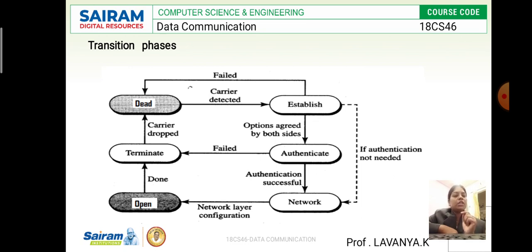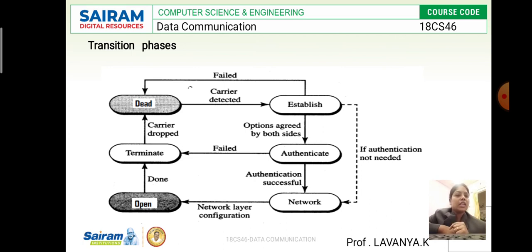Whenever it receives the signal from the dead state, if the particular request cannot be served, the establishment state will fail, and the request goes back to the dead state. If it succeeds, either it goes to the network state, or the request goes to the authentication state from the establishment state.